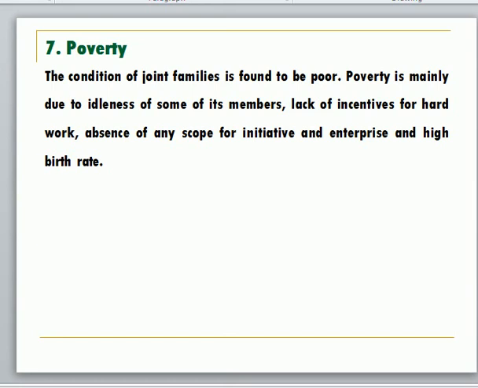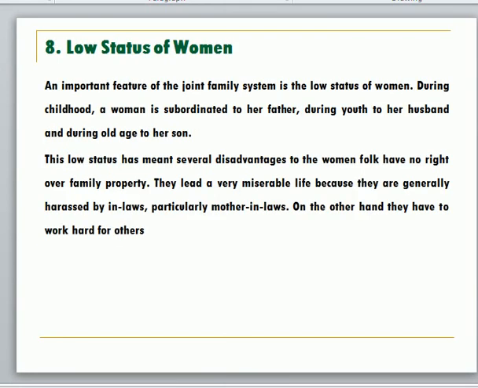Poverty is mainly due to the idleness of some of its members, lack of incentive for hard work, absence of any scope for initiative and enterprise, and a higher birth rate. In a family where many children are born, one person works while the others are idle, and this leads the family toward poverty, which is one of the disadvantages of a joint family. And low status of women.